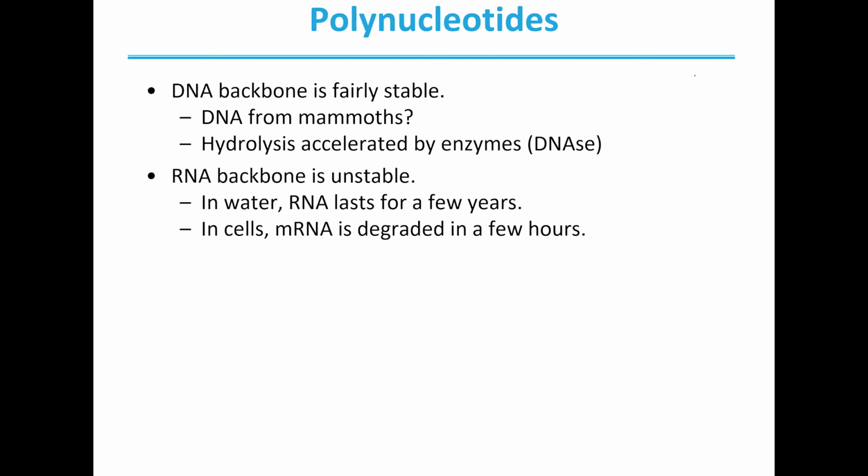This is obviously hundreds of years old, but because it is in a helix form, DNA is fairly stable. Now, it can be broken down, and its breakdown occurs through enzymes called DNases. So, DNases usually exist within living organisms, and they will accelerate the breakdown of DNA.